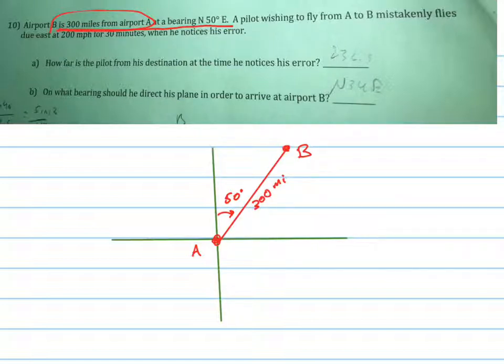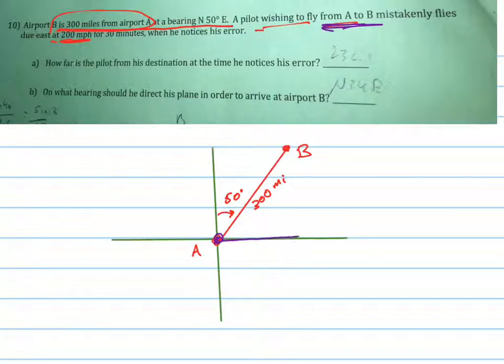Then it says a pilot wishing to fly from A to B mistakenly flies due east at 200 miles per hour for 30 minutes when he notices his error. So he starts here, and instead of flying to B correctly, he flies due east.